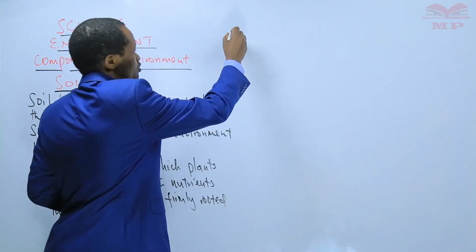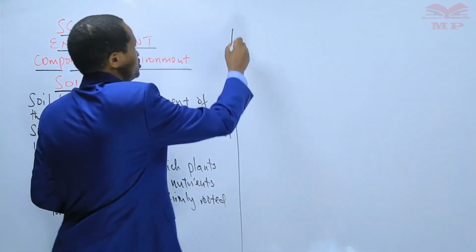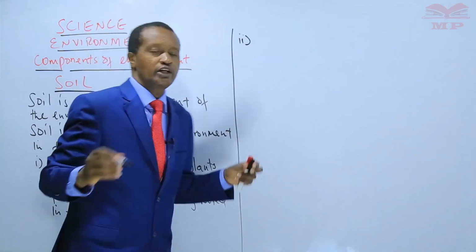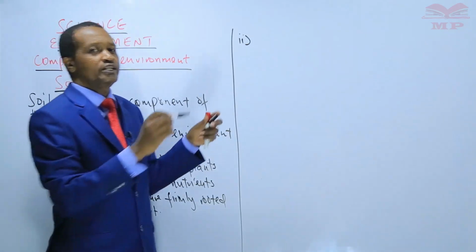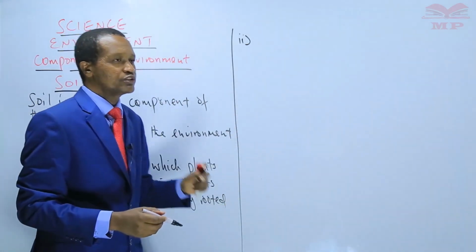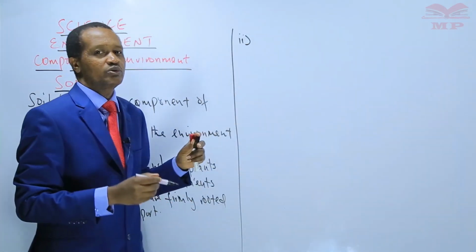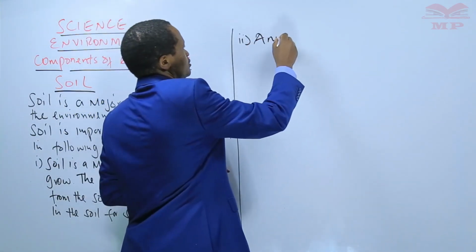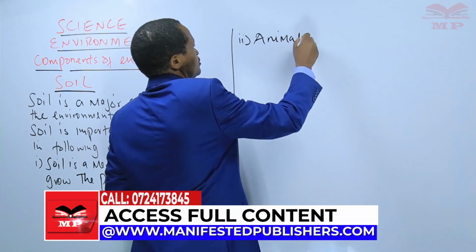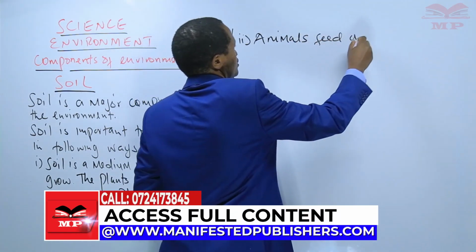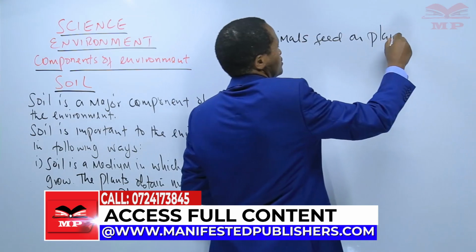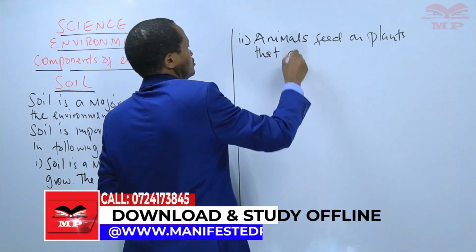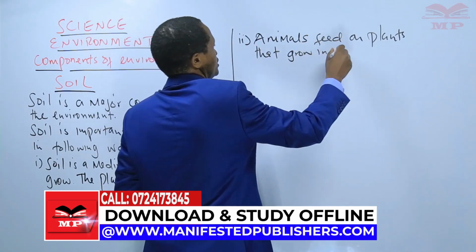Then number two, the other way in which soil is useful in the environment is that animals feed on plants that grow in soil.